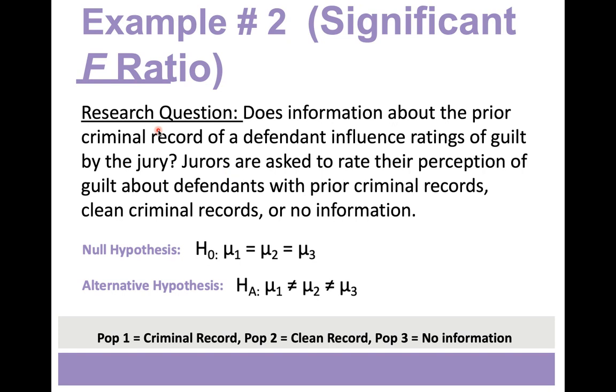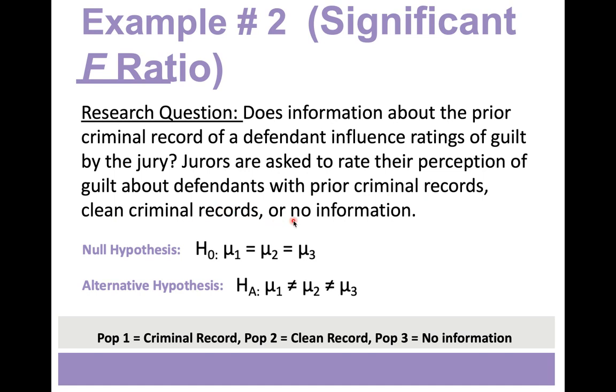Our research question is, does information about the prior criminal record of a defendant influence the ratings of guilt by the jury? Jurors are asked to rate their perception of guilt about a defendant based on whether that defendant had a prior criminal record, a clean criminal record, or we have no information about that defendant.